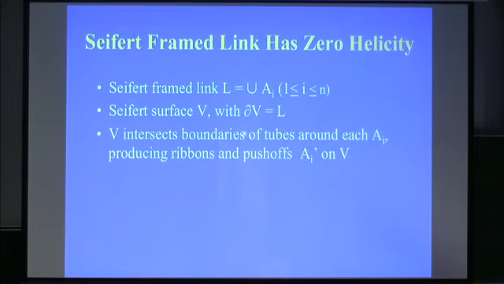V intersects the boundaries of tubes around each of these, producing ribbons, and these ribbons have these companions or push-offs, giving you Ai prime. For each Ai, the Seifert framing is Ai prime that gives you this little ribbon. You can delete the interiors of all the ribbons to get this surface V prime, and V prime doesn't hit any of the components of the original link.